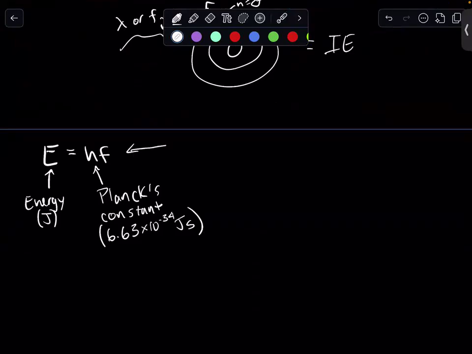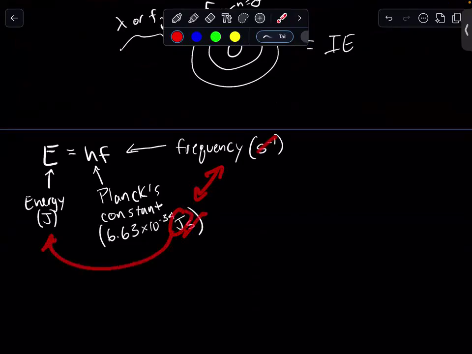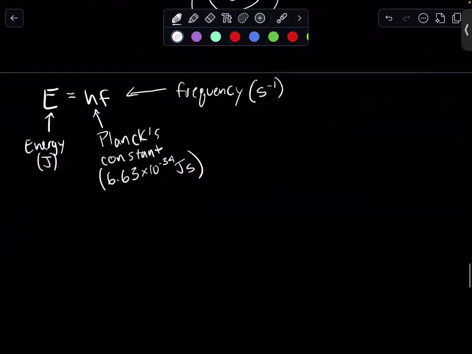And lastly, we have frequency, and this is just seconds to the minus 1. You'll notice that when we multiply our two values together, seconds will cancel with seconds, and we're left with joules, which matches joules. So even our units work out. That's called dimensional analysis, looking at the units to figure out whether or not it works.